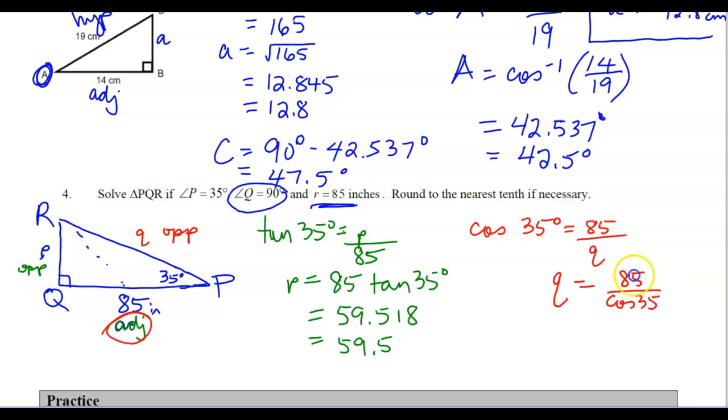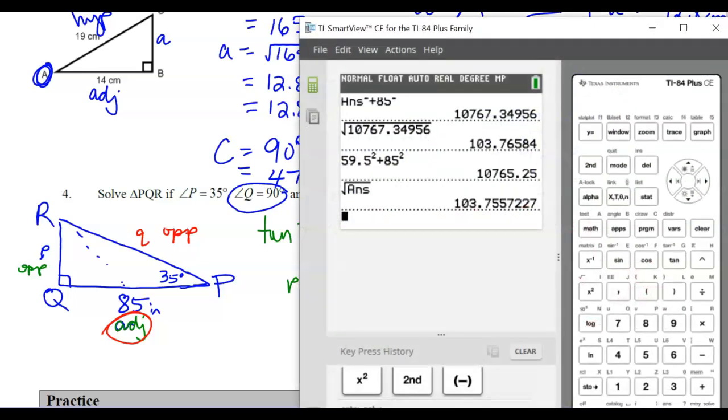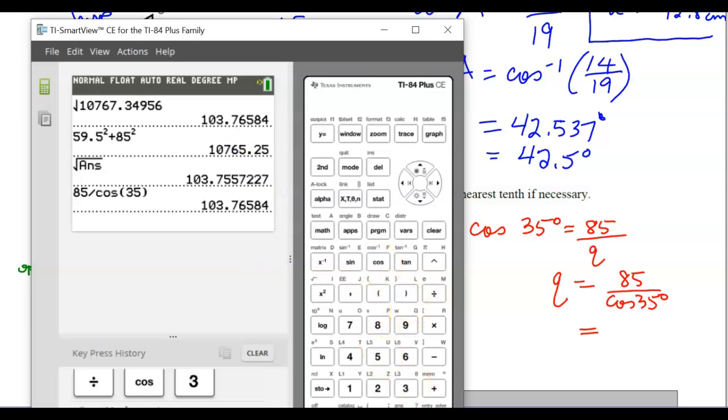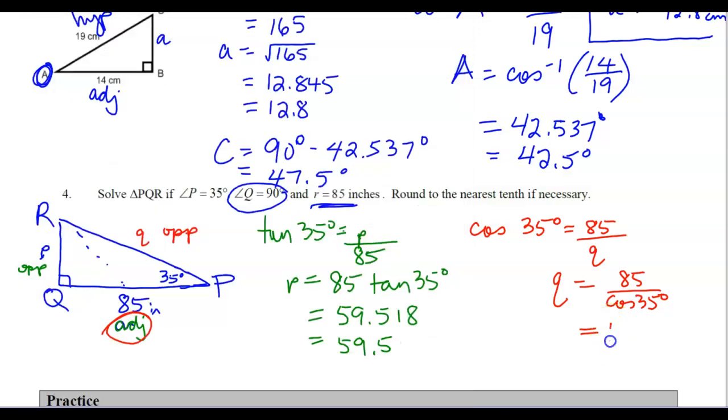Okay, let's compare to that last answer that I used the Pythagorean theorem to get. So now, if I go 85 divided by cos of 35, I get the same answer as the unrounded at the top. Okay, so now to one decimal place, that's 103.8.